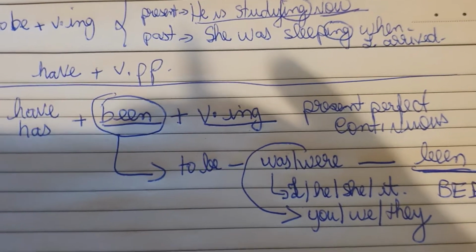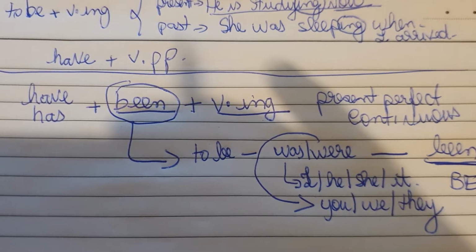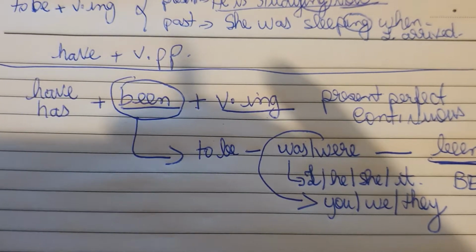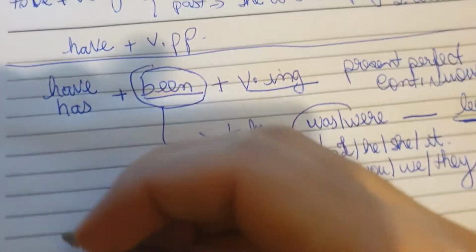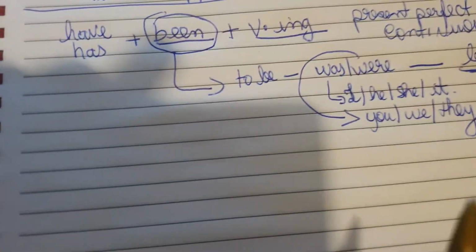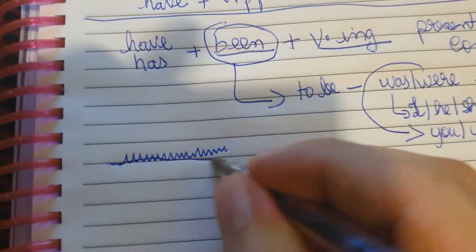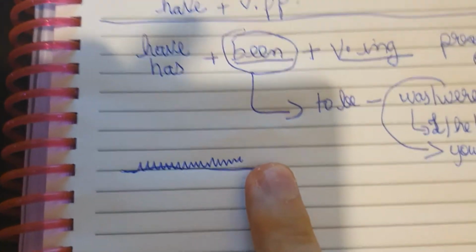Now let's see some examples and understand when we use such a verb tense, in which situations. It's a continuous tense, right? So you may understand that it's an action that runs throughout the timeline.